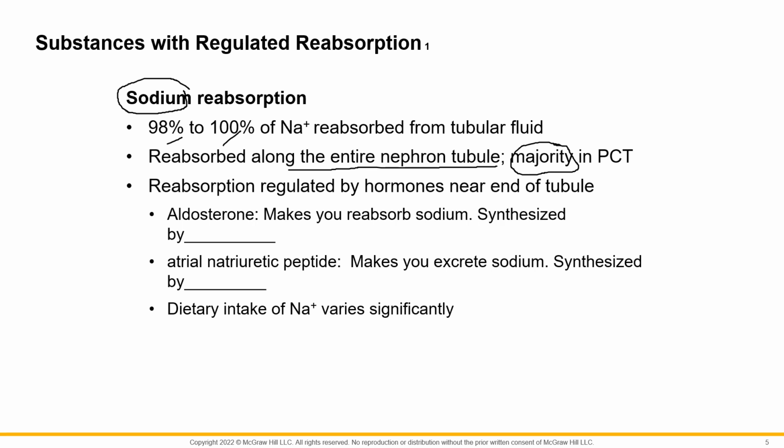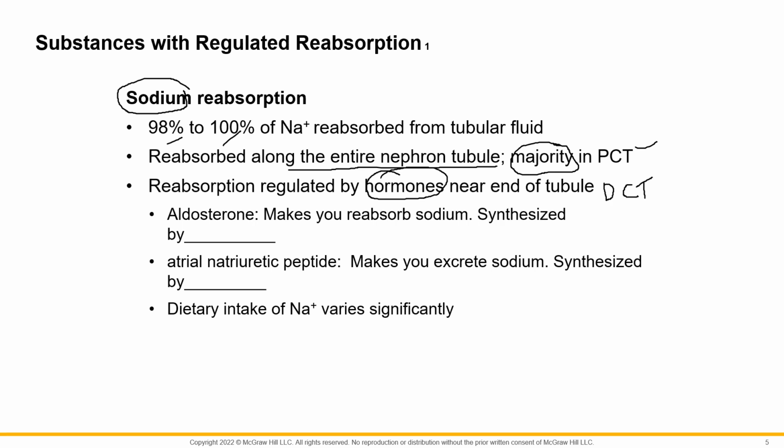Now, the point to note about the distal convoluted tubule is where the absorption of sodium is regulated by hormones. So before the distal convoluted tubule, in the PCT and the nephron loop, it is happening by diffusion and concentration gradient changes.